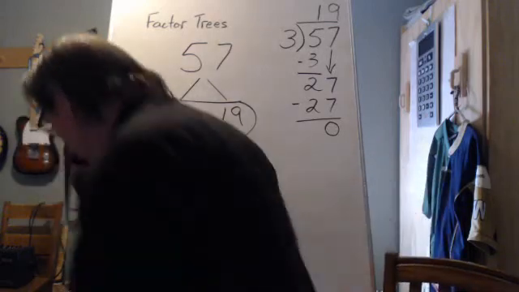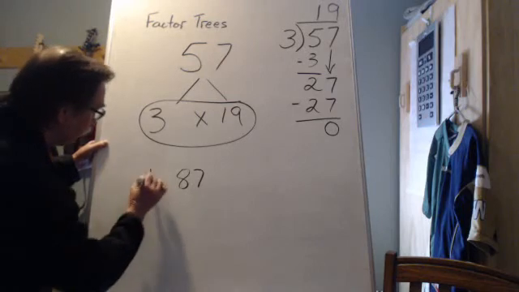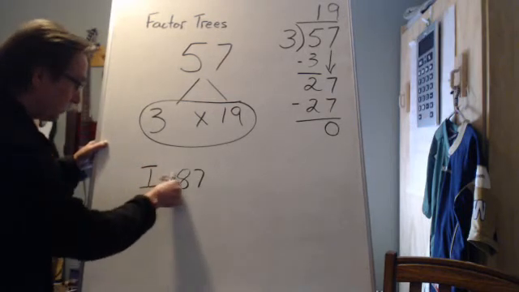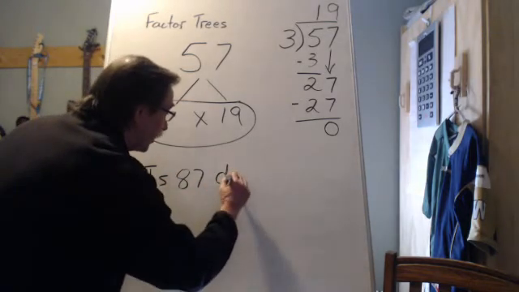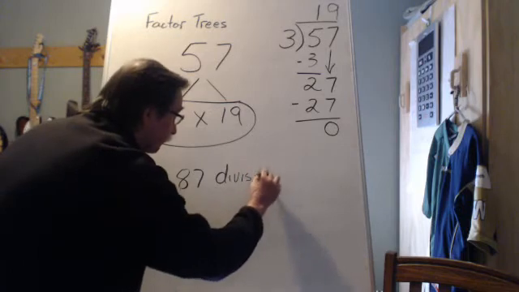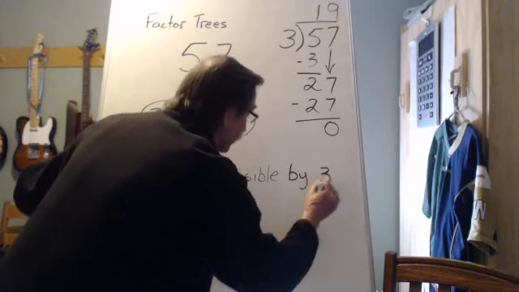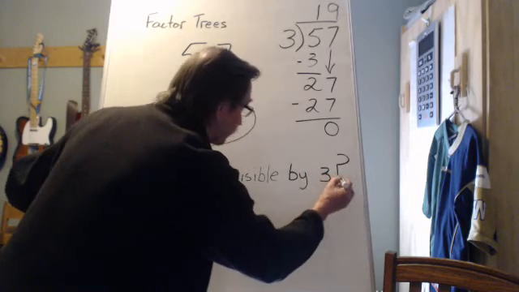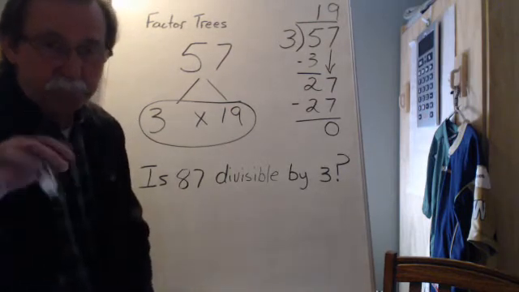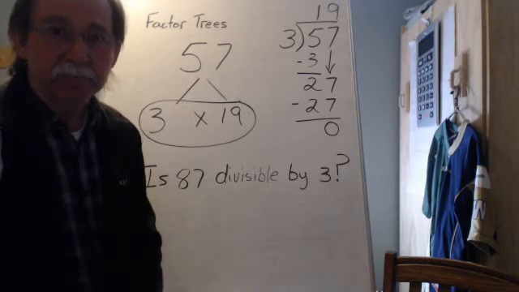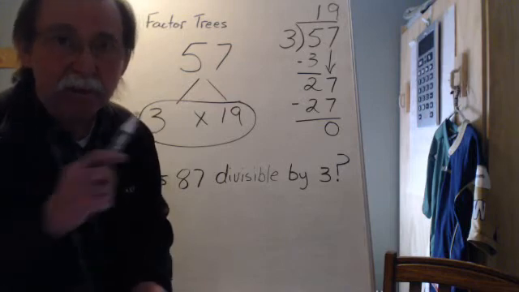Well, this is how you can find out. Let me just write the question. Is 87 divisible by 3? In other words, could you take your calculator, plunk in 87, divide by 3, and get just a number with no decimals? Yes, you can.